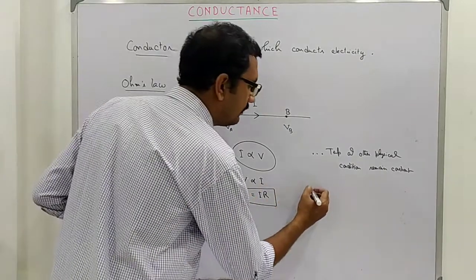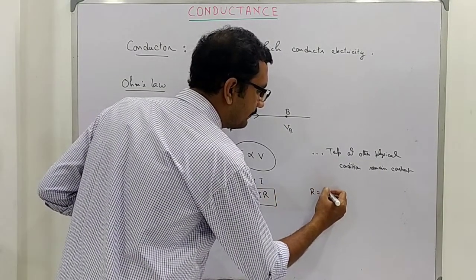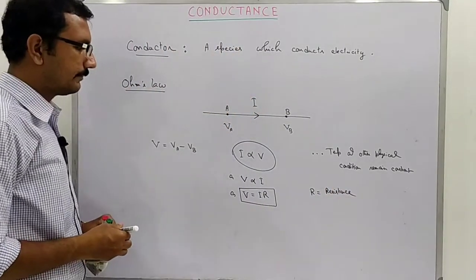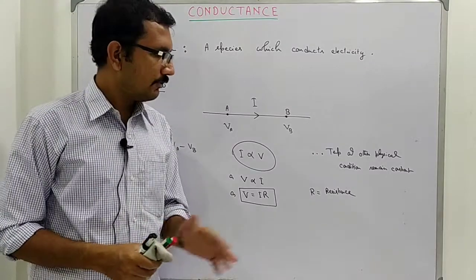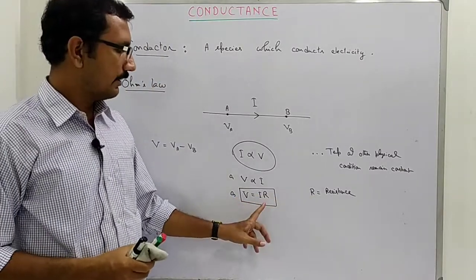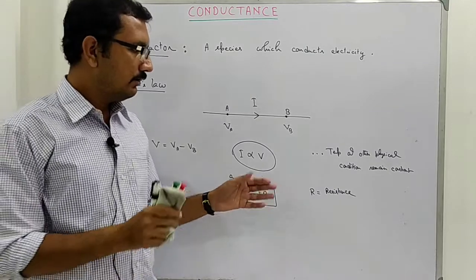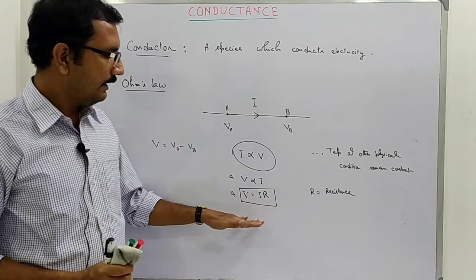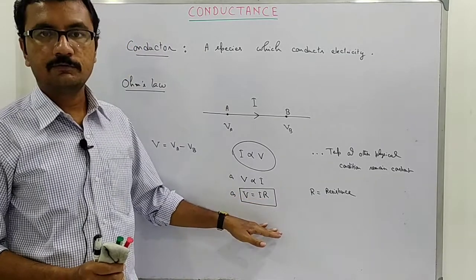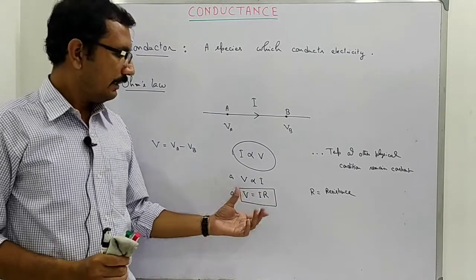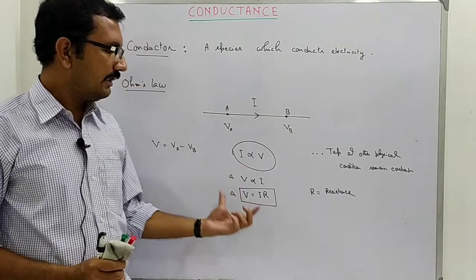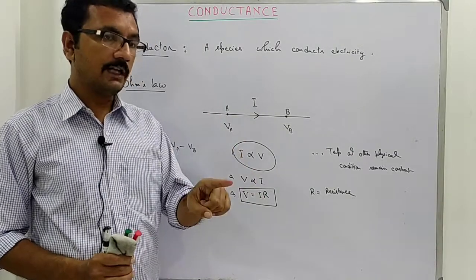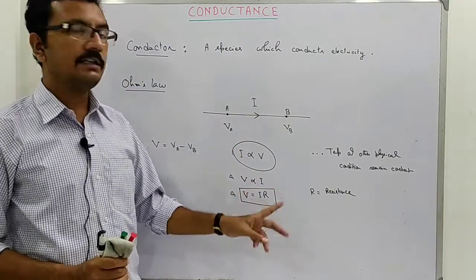So, what this R is? R is the resistance. This is the proportionality constant, this R, but do not neglect the proportionality constant of any law, because in a law when you are quantitatively dealing with it, it is the proportionality constant which is going to carry the signature of the system.